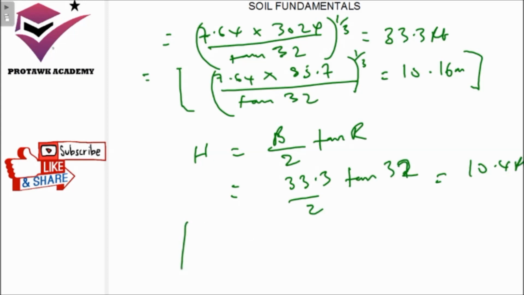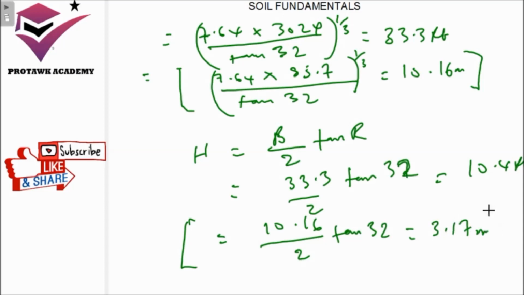To express this in meters, we got 10.16 over 2 tan 32. This will be equal to 3.17 meters.